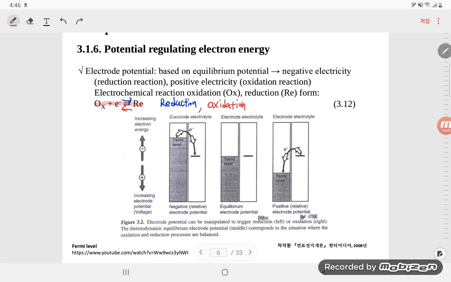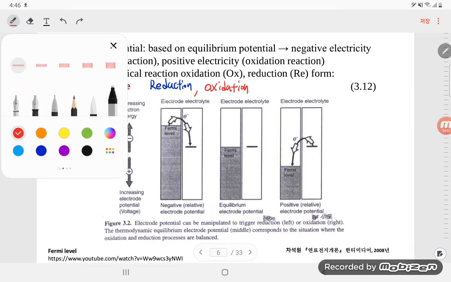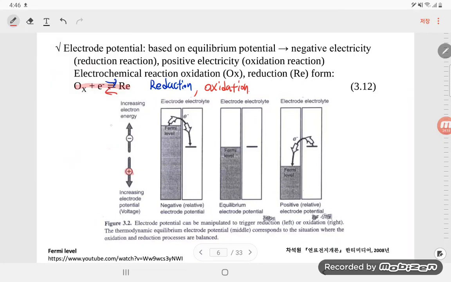Okay, firstly, let's see this one. Through this side, the electrode potential increases. This is the direction of increasing electrode potential, which means the voltage is increased through this direction.